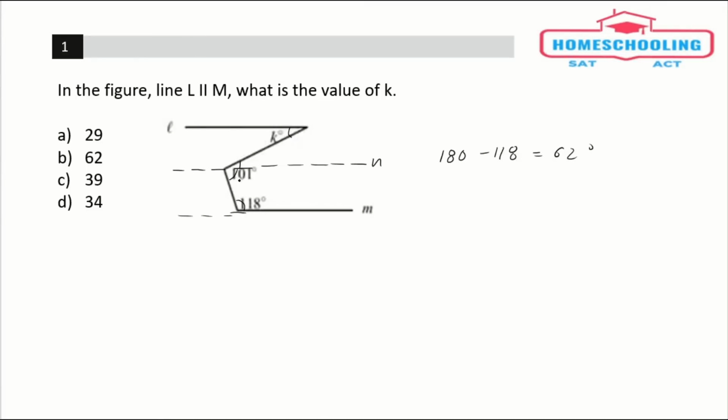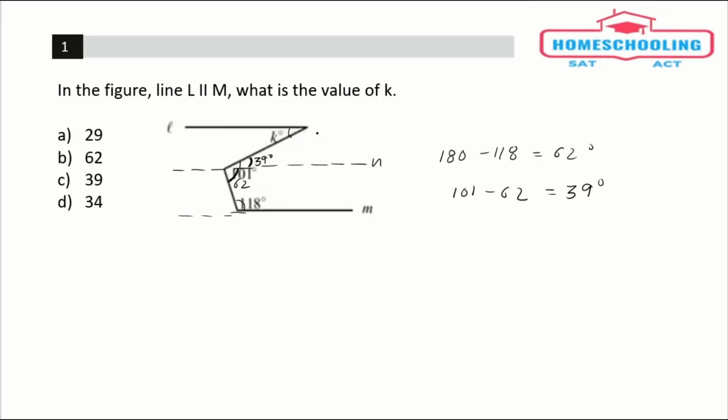As this whole angle is 101, this angle would be 101 minus 62, that would be 39 degree. So this angle is 39 degree, and this angle is 62 degree.